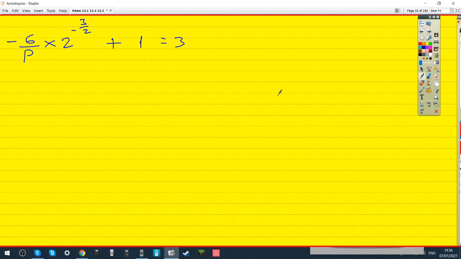Could you add 1 to 2? No, because... hang on. So first of all, it's the power of minus. So that's going to put it on the bottom. 2 to the 3 over 2. Second of all, it has 2 on the denominator, so that's like to the power of a half.